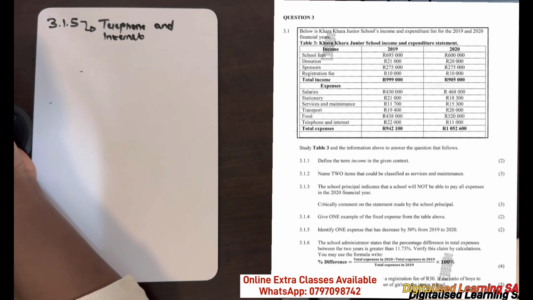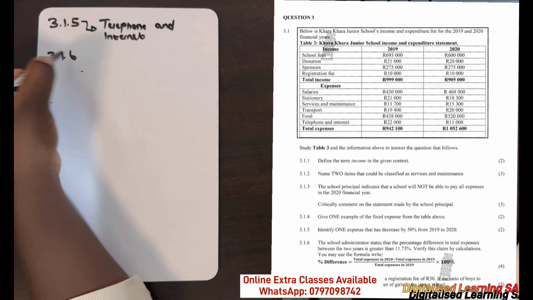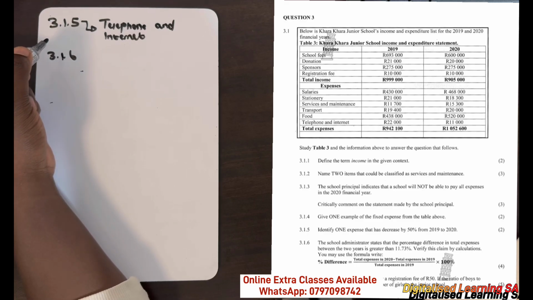Okay, so now let's move to our next question, which is question 3.1.6. Question 3.1.6 says that the school administrator states that the percentage difference in total expenses between the 2 years is greater than 11.73.